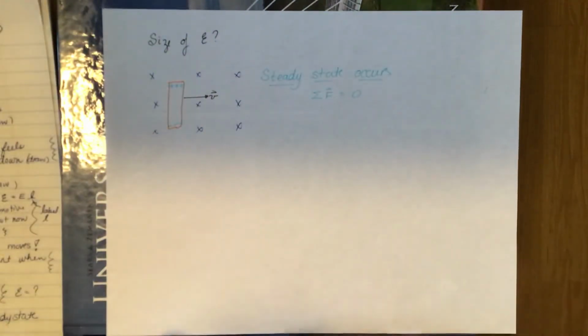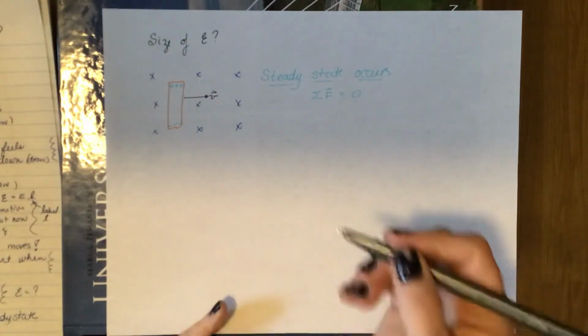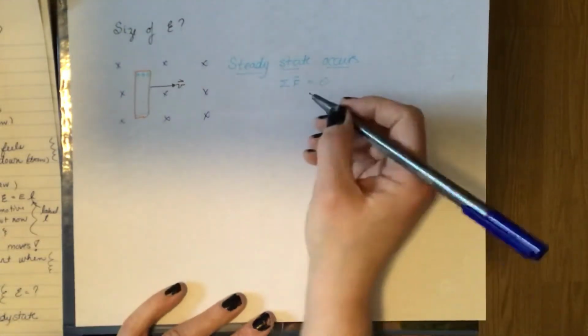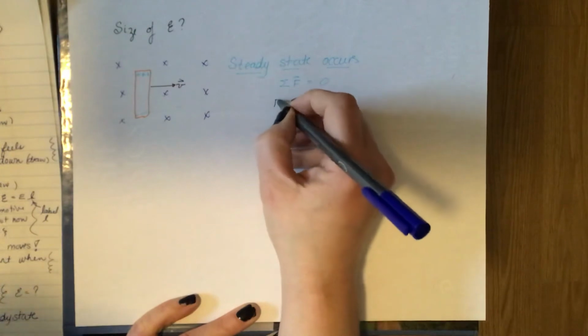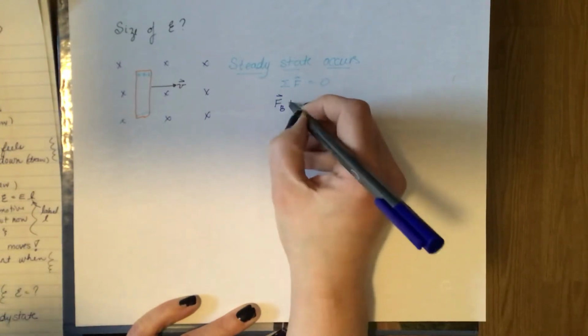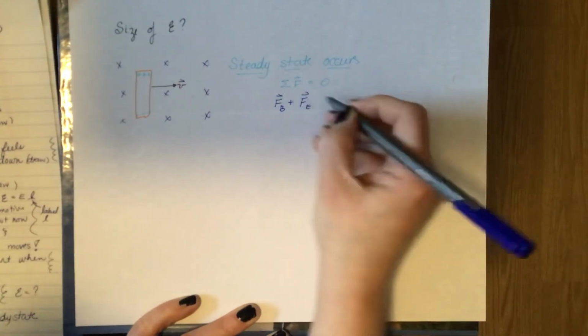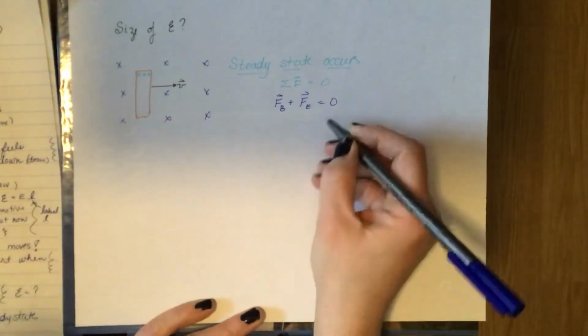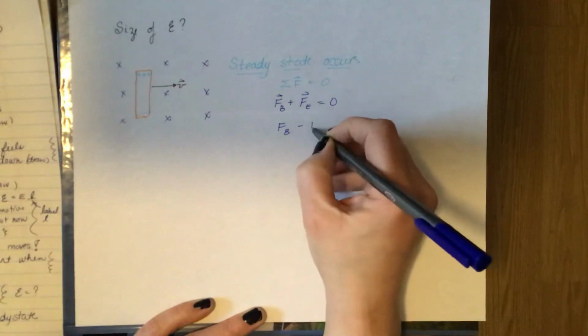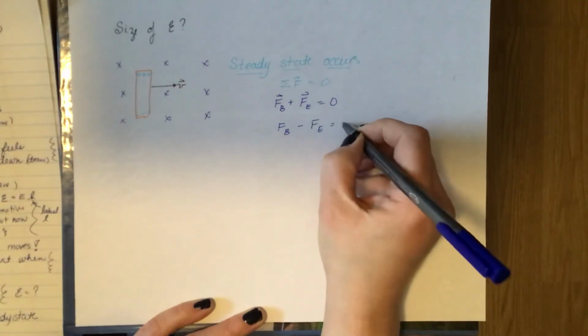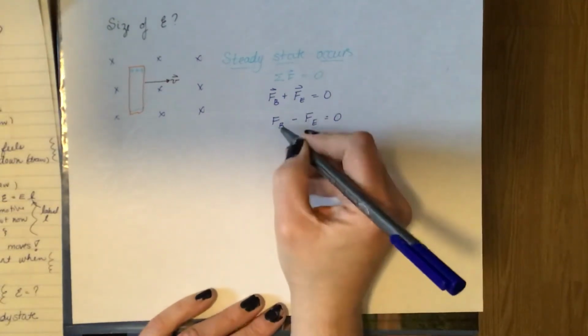So we'll ask, how do we find that net force, and how do we bring our potential into it? The forces that act on every charge are the magnetic force, FB, and the electric force, FE. Those are both vectors. They have to sum to 0. That means the magnitude of the magnetic force minus the magnitude of the electric force equals 0.